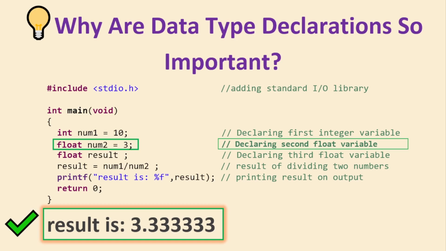It's important to understand that this mistake is typically not visible during compilation. Instead, it only appears during program execution, which can lead to incorrect results. Properly defining variables helps us avoid such errors during runtime.